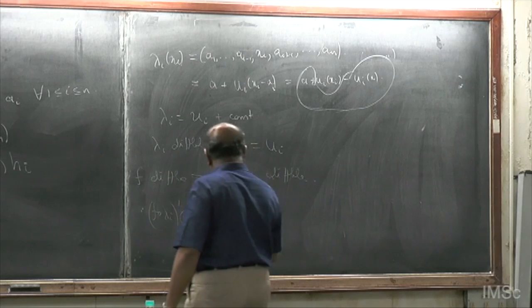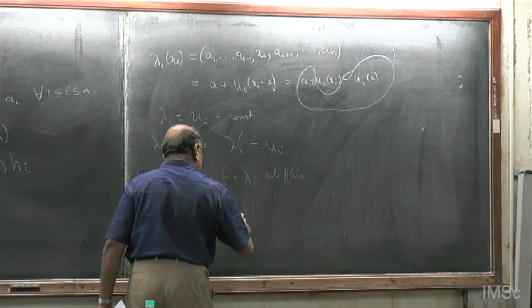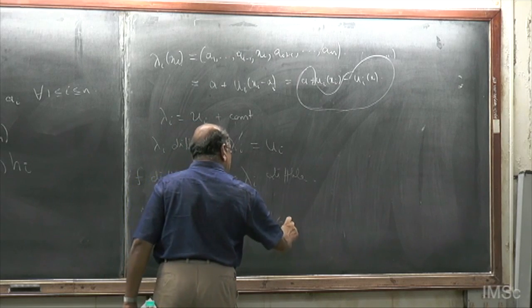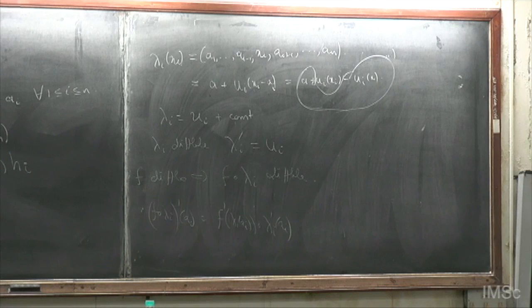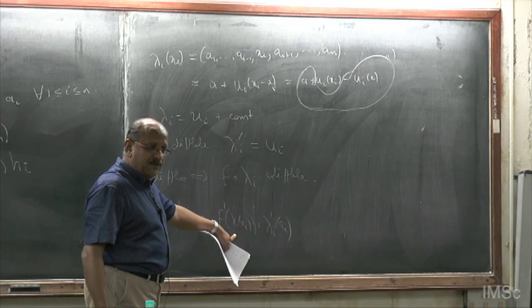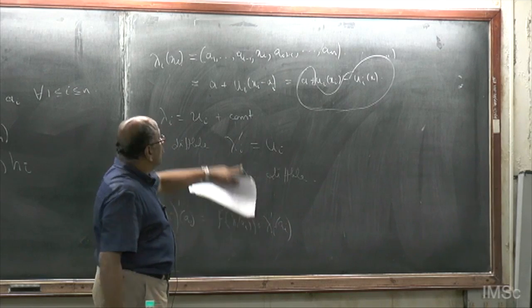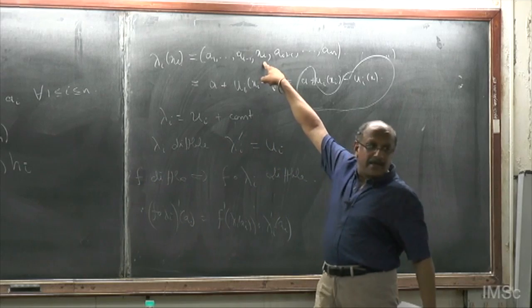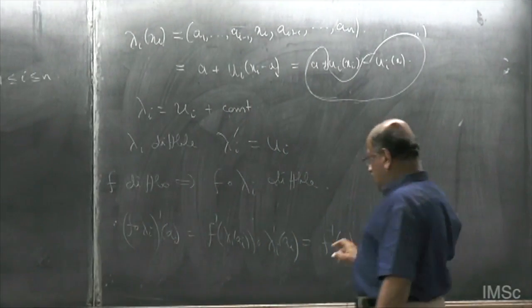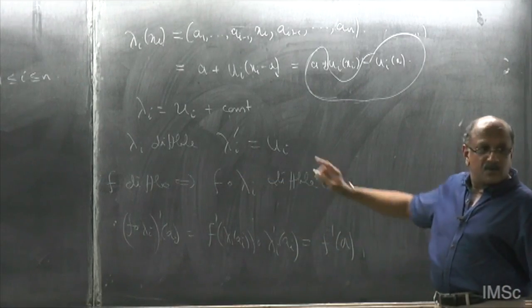This is f dash at lambda I of ai composed with lambda I dash, by the chain rule. But what is lambda I of ai? It is the point a itself, because if I put ai here, I will get back a. So, this is nothing but f dash a composed with lambda I dash, which we saw is just ui.